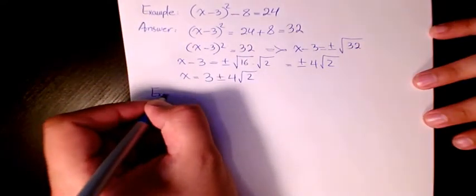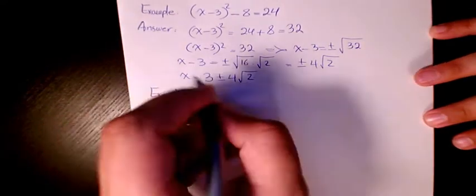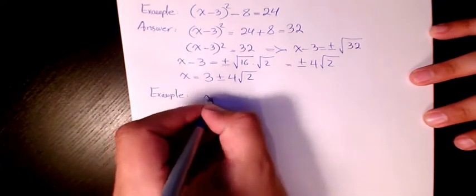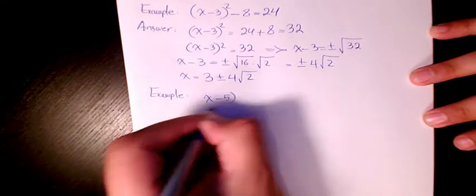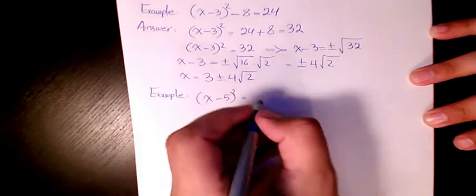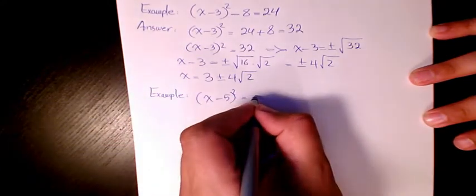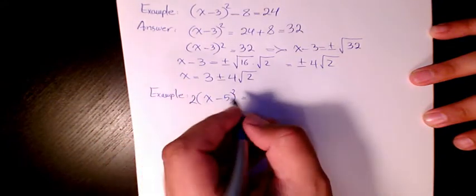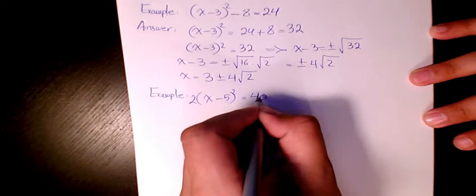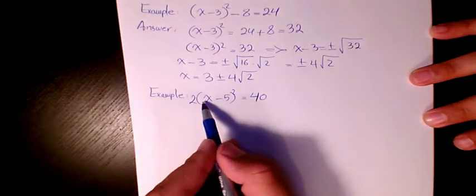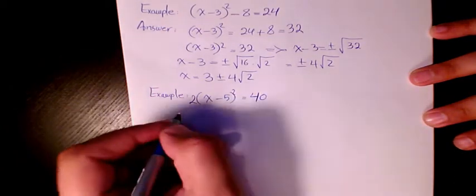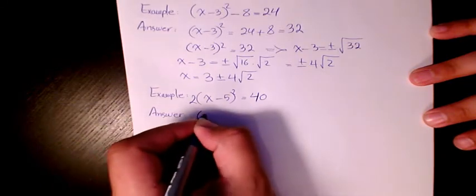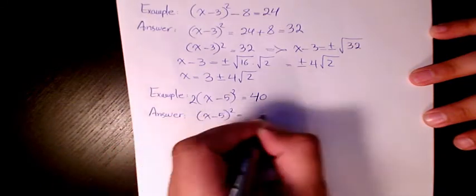Next example. 2 times (x minus 5) to the power of 2 equals 40, let's say. So 2 times (x minus 5) to the power of 2 is 40. Answer will be (x minus 5) to the power of 2 is 40 divided by 2.